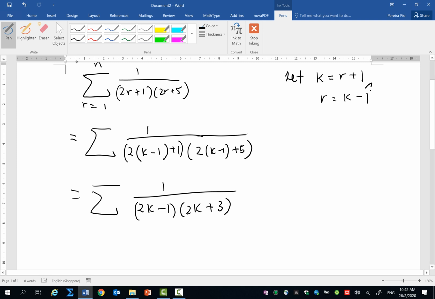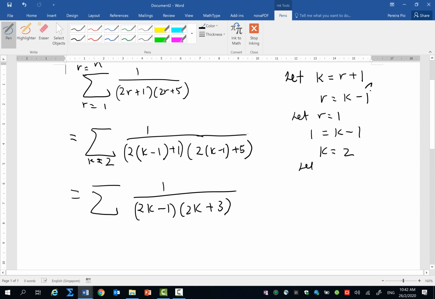Now, because this one was r equals 1 to n, and I've changed the index to k, I now need to find the limits for k. When r equals 1, 1 equals k minus 1, so k must equal 2.